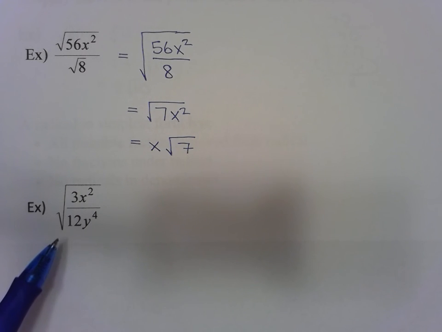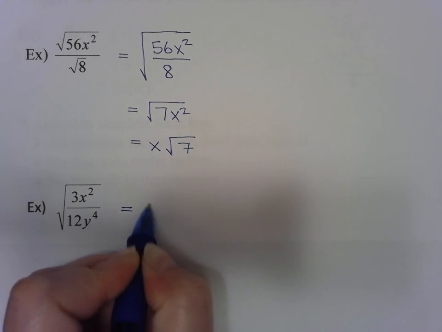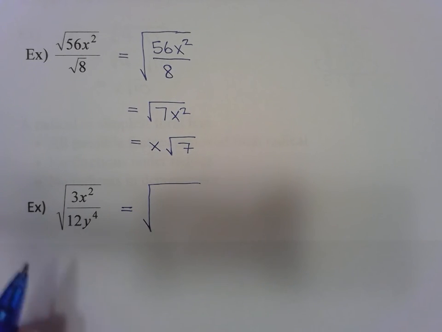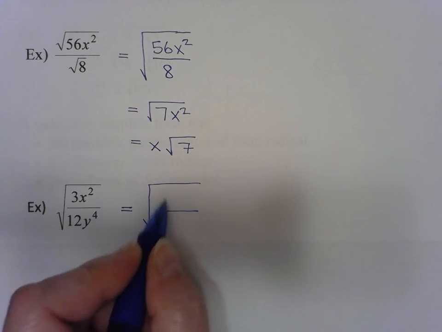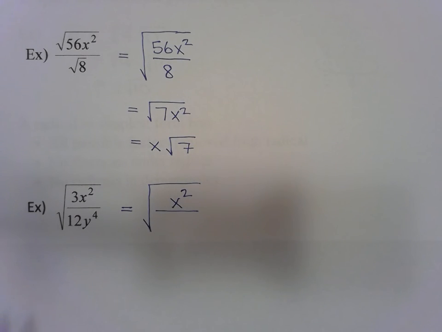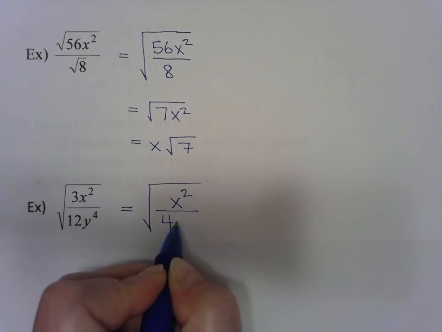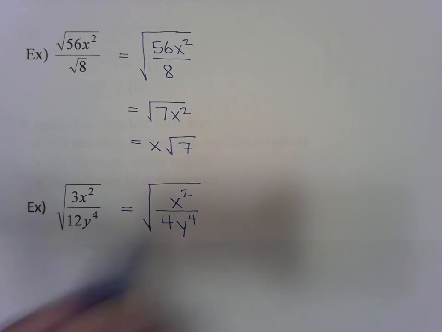Okay, this one is the same. Now it may be to our advantage to go ahead and reduce the 3 and the 12. Let's do that first. So 12 divided by 3, if I divide top and bottom by 3, I'm going to cancel out this 3 and leave me with x squared. I'm going to divide this by 3 so that I get 4y to the 4th left. Both the top and the bottom are perfect squares.